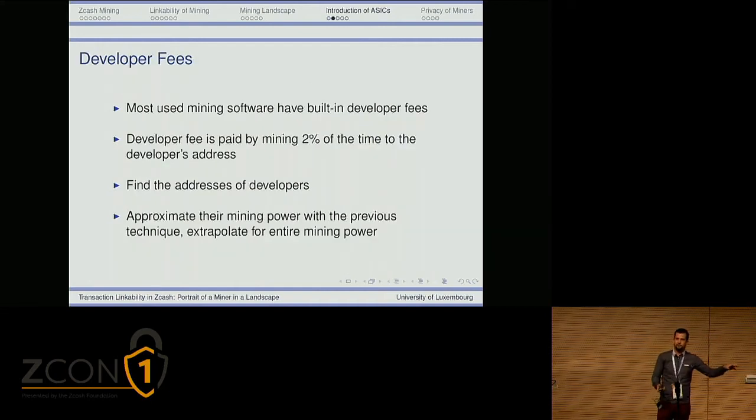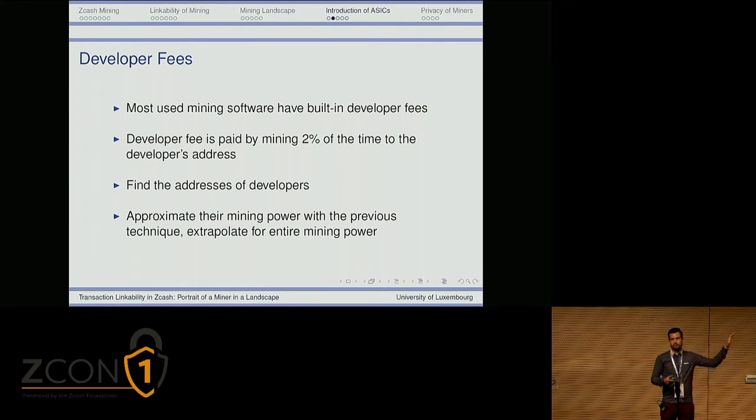What we found was that for these GPU cards mining Zcash, almost all of them were using closed source software written by developers, in which you didn't have to pay for the code itself, but to use the code, 2% of the time, this software was mining for the developer's address instead of the actual miner's specific address.